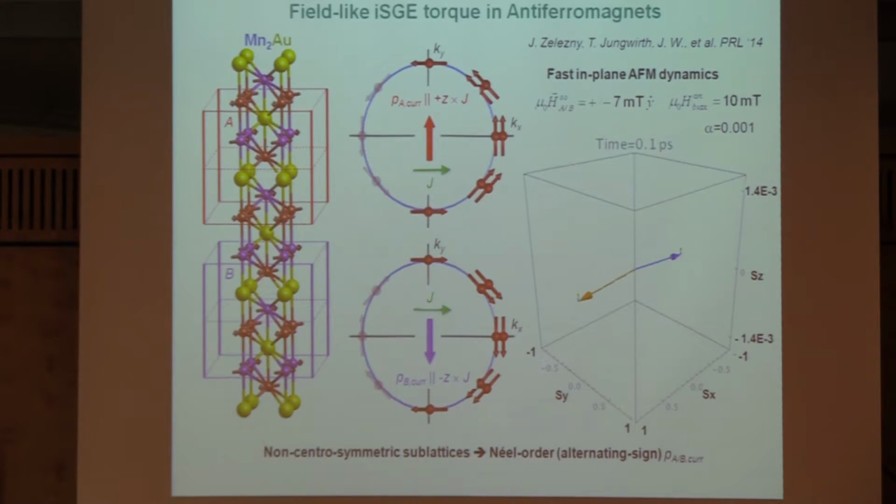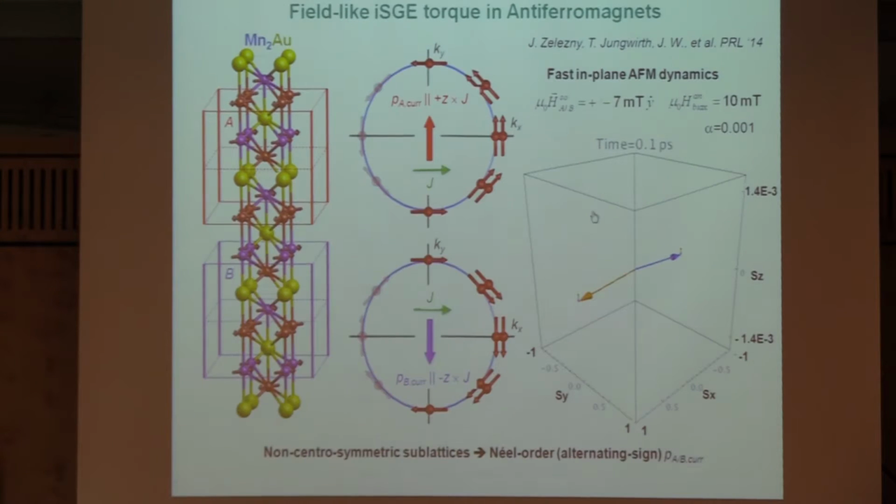And with this field, you can, in principle, very efficiently torque and switch the orientation of this antiferromagnet. So only a very small field is applied, and this field corresponds to current strengths of the order of 10^6, 10^7 ampere per centimeter squared. So something which is really feasible.